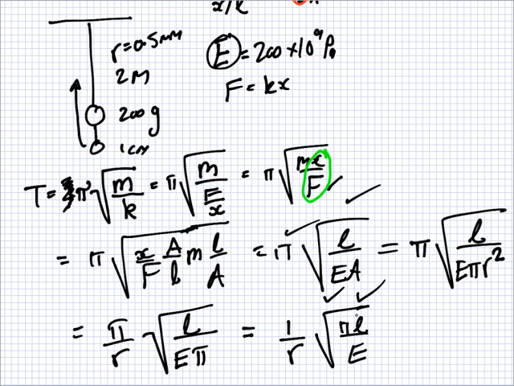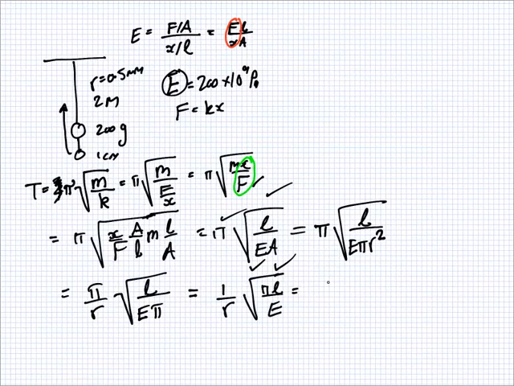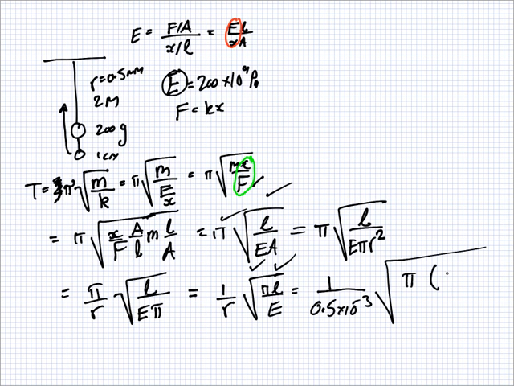So the answer is 1 over 0.5 times 10 to the minus 3 root pi times 2 over 200 times 10 to the, what was that, Siva, the Pascal for the Young's modulus for the steel? 10 to the 11, you said? 200 times 10 to the 9.